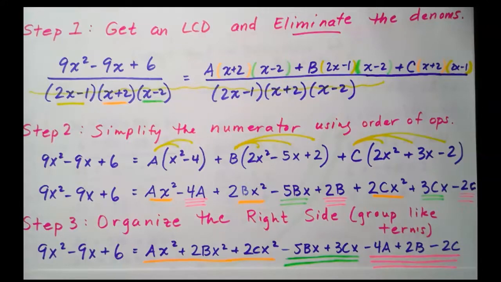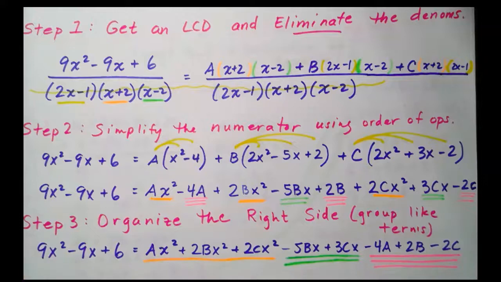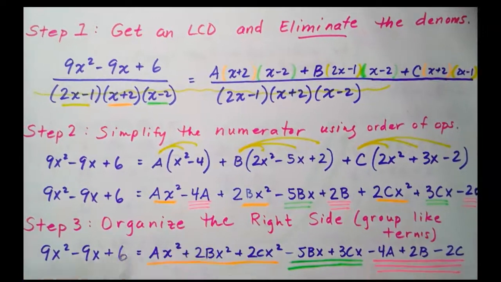So first of all, we've changed the order and got all the x squared terms together. Then we have x to the first power terms together, and then the constants together. Organize the right-hand side, group the like terms together. So once again, step 1, get an LCD and eliminate the denominators.